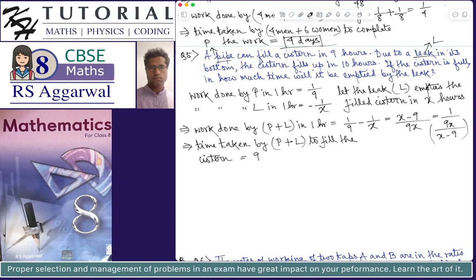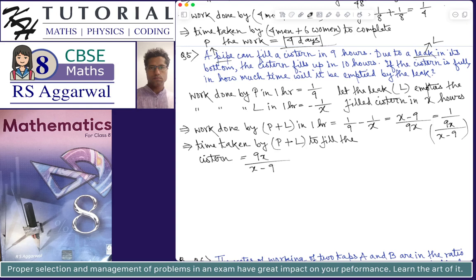That is, if in 1 hour the work done by an inlet is 1 by N, and N is positive, then the whole cistern or the tank will be filled in N hours. Applying that concept, the time taken by P plus L to fill the cistern will be 9X by X minus 9.